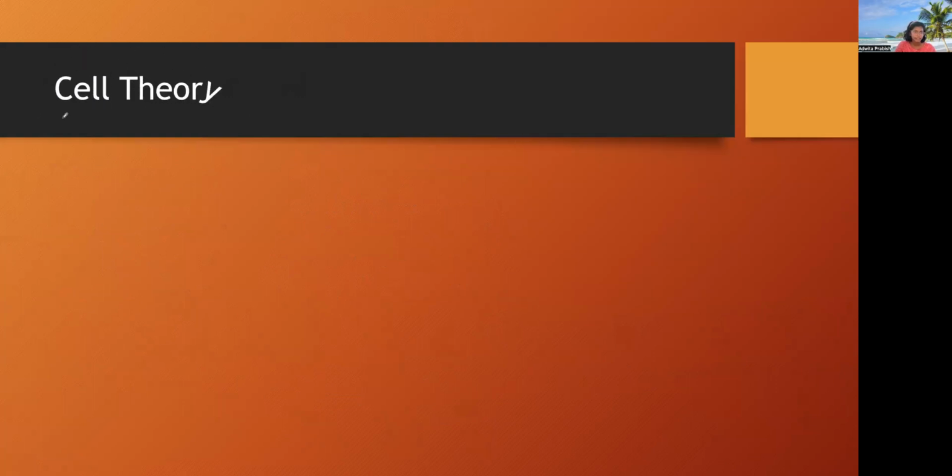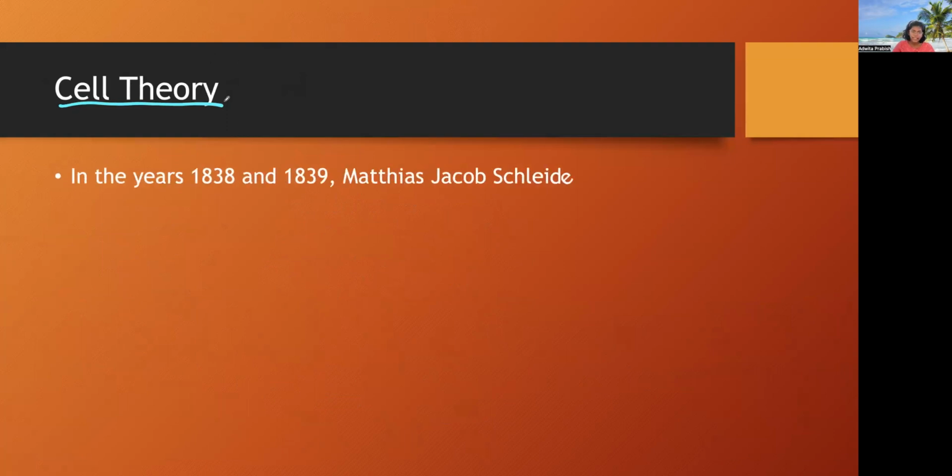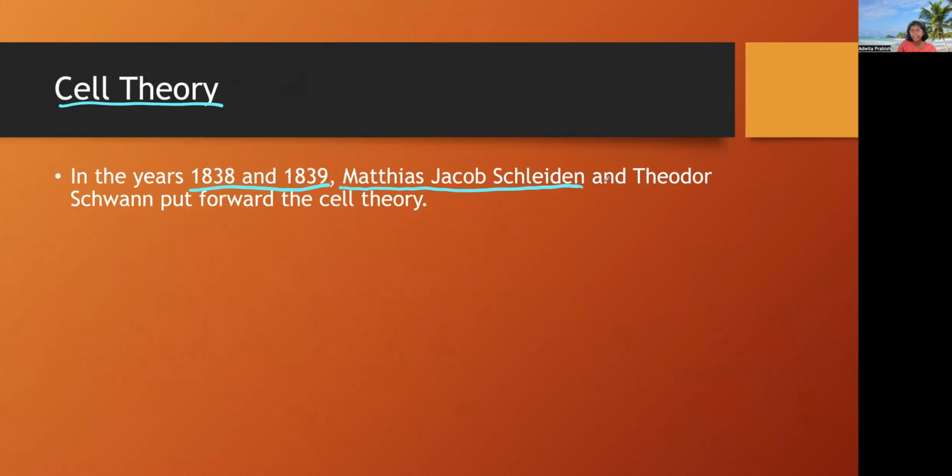Now let's see about the cell theory. In the years 1838 and 1839, two scientists, namely Matthias Jacob Schleiden and Theodor Schwann, put forward the cell theory.